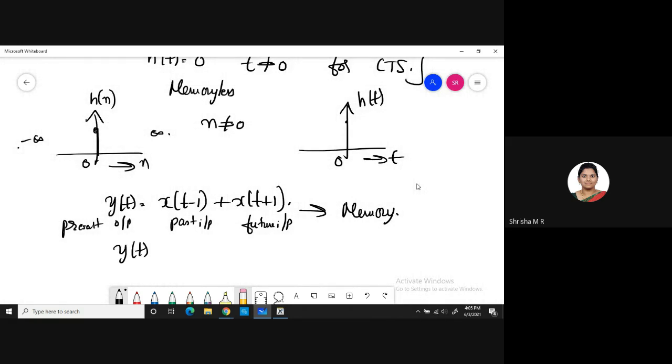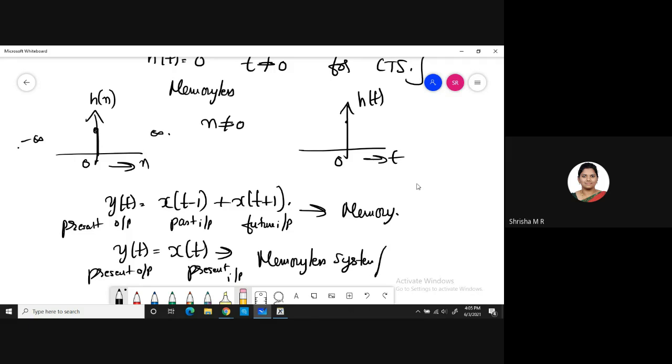So when we are categorizing systems with respect to input-output relationship, okay? If y of t is equal to x of t, present output was depending only on present input. So these are the memoryless systems. So what is another name for memoryless? Static, and this was dynamic.